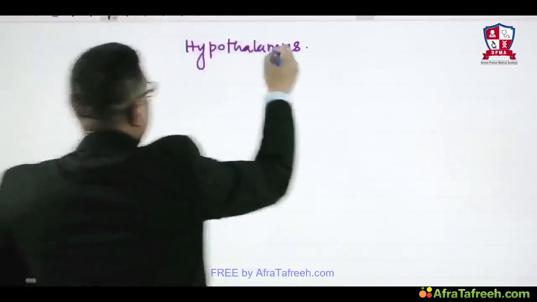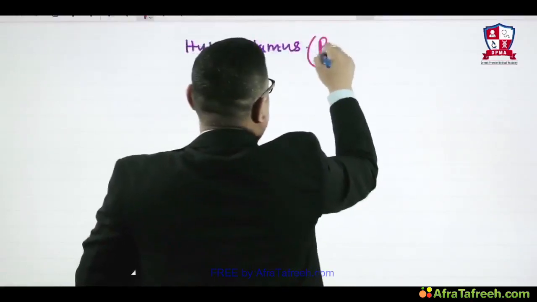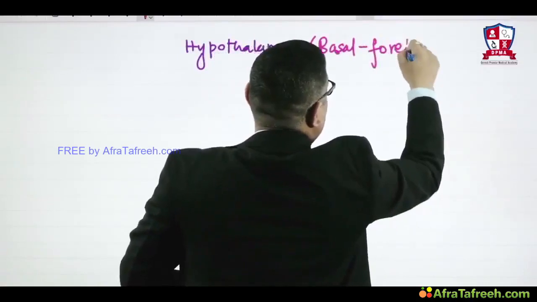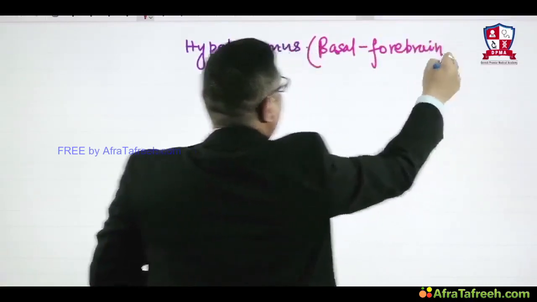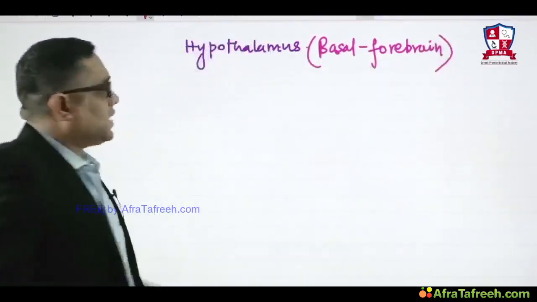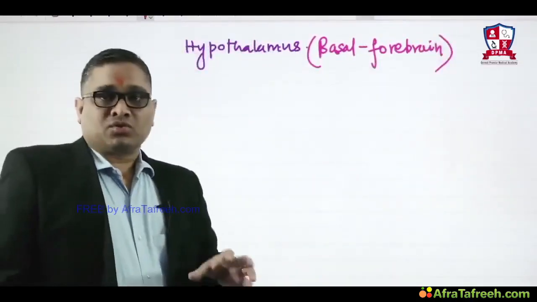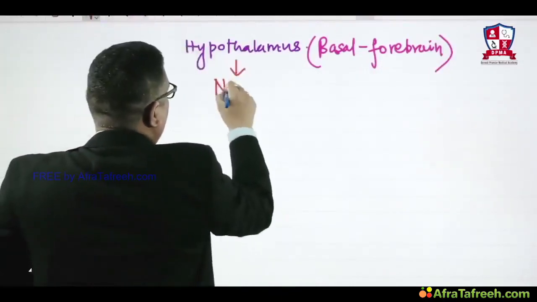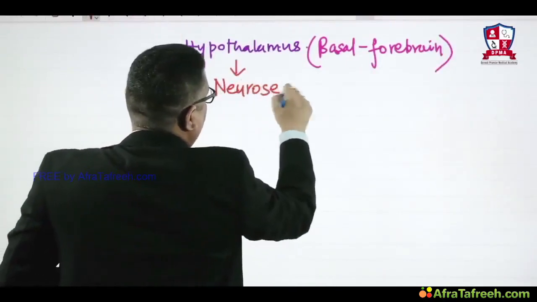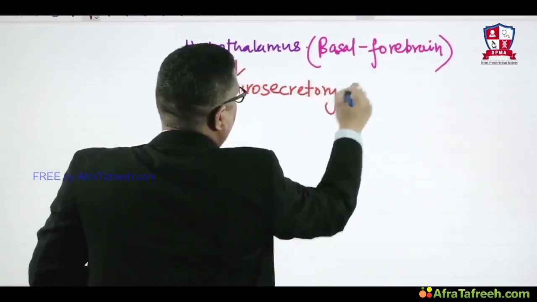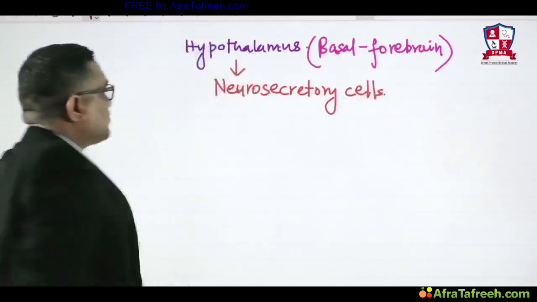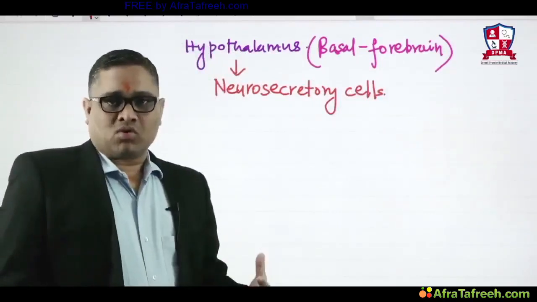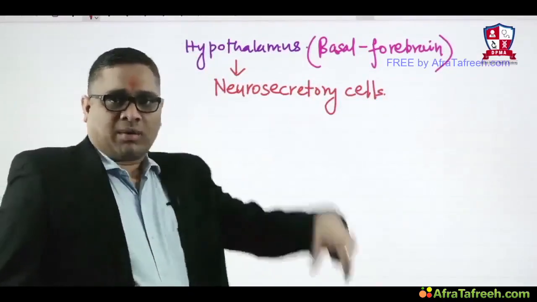So the hypothalamus is a structure present in the basal part of the forebrain, and it contains neurosecretory cells. These neurosecretory cells release hormones, and that will control the pituitary, right?